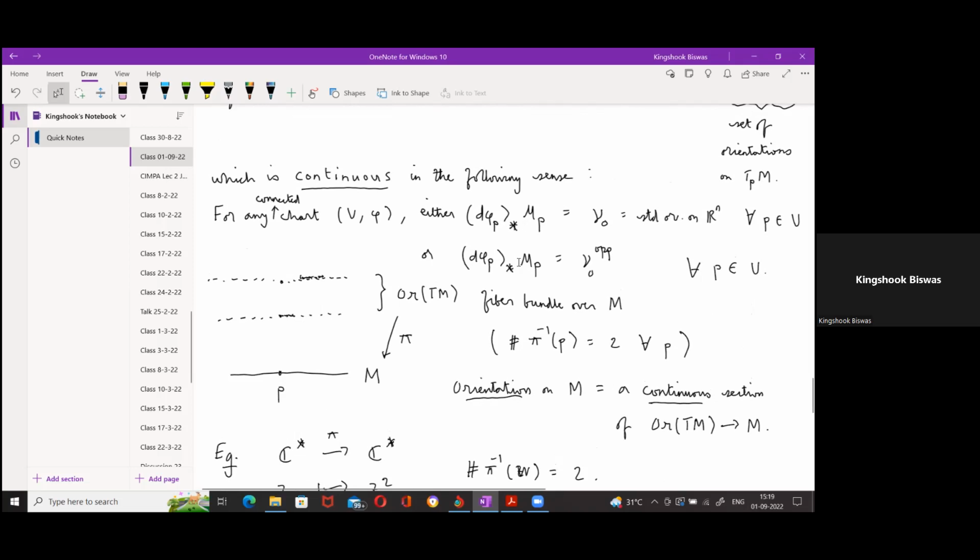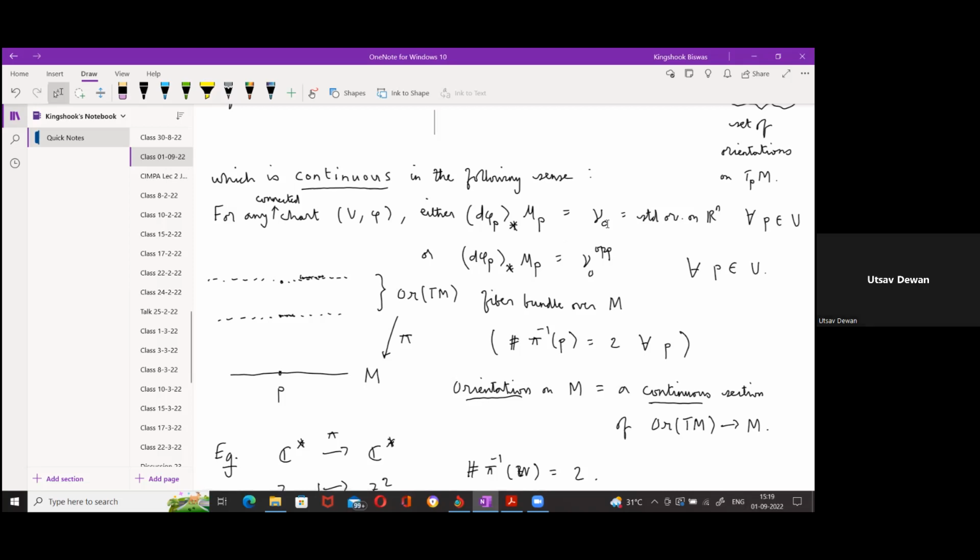If it goes to the opposite orientation, I simply compose my chart with an orientation reversing map of Rn to Rn, for example, a reflection in a hyperplane. That becomes a new chart, which sends the given orientation to the standard orientation. Is it clear?